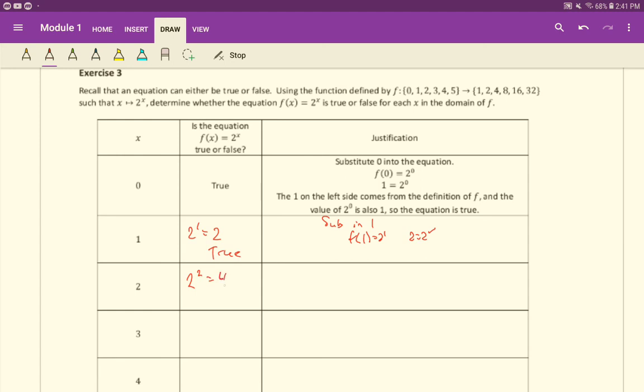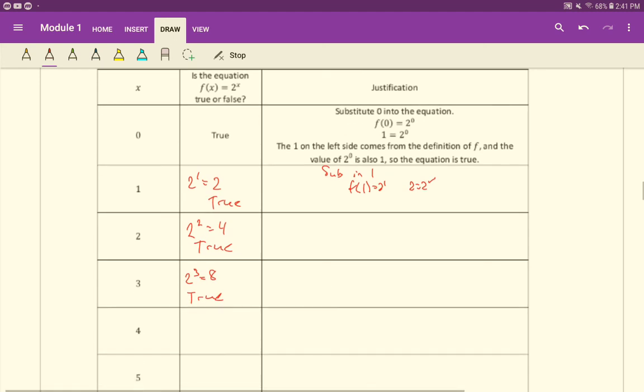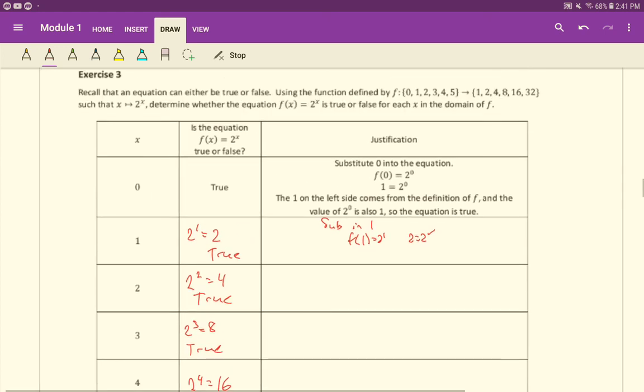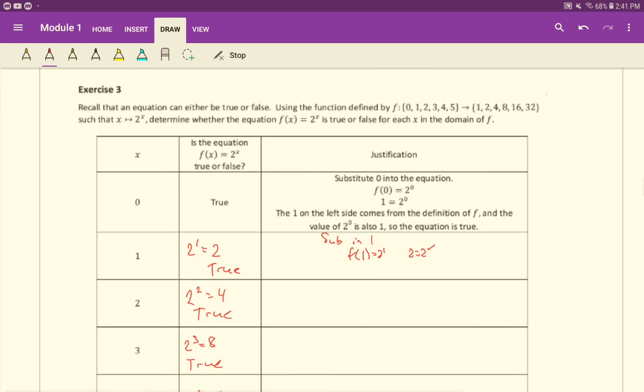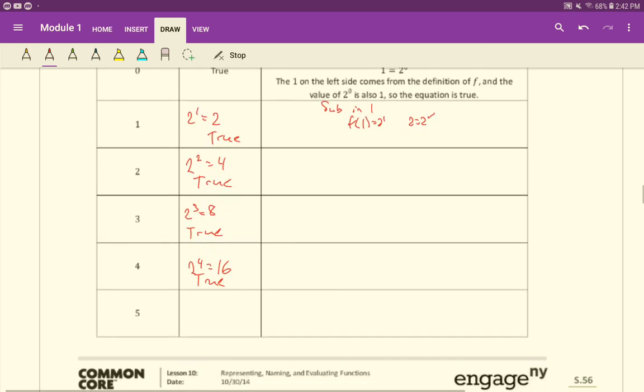Okay, 2 to the 2 is 4, and 4 is in our range up here, so true. Okay, 2 to the third equals 8, which is in our range up here, so again, true. 2 to the 4, 16, it's in our range up here, so that's again true. And then 2 to the 5 is 32, so again, this one's also going to be true.